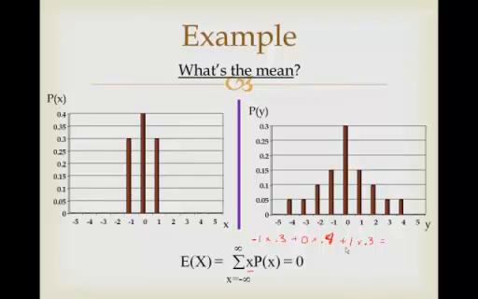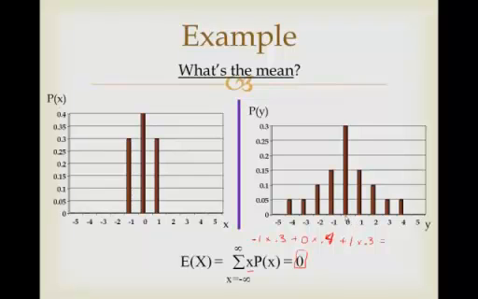And you'll just have to trust me, if you do the same sort of thing with this one, you will also find the expected value is 0. But guess what? These are really quite different. Look at that. The means are the same, but the variances are quite different.